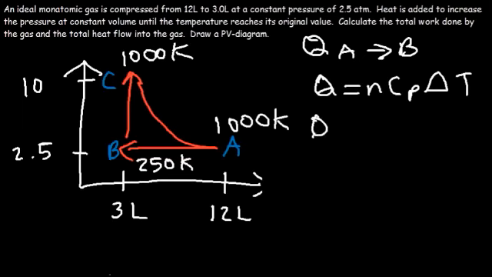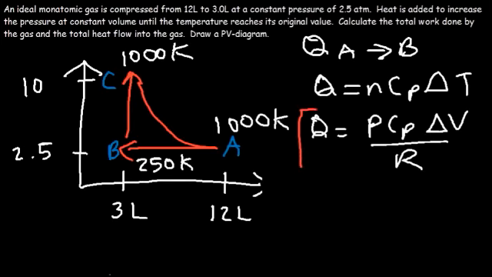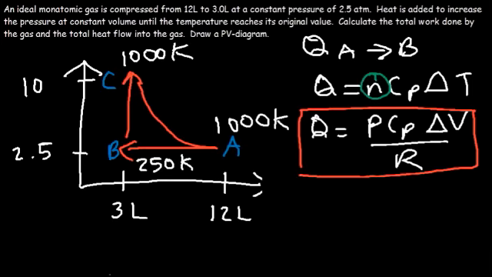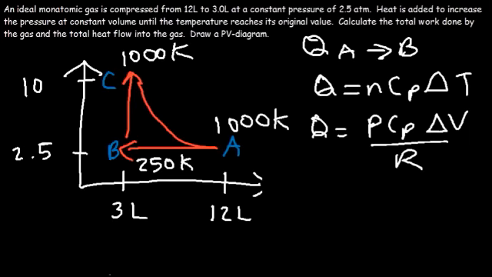Or we can use the other equation, Q is equal to P Cp delta V divided by R. Ideally, we want to use this equation because we have the pressure and the change in volume. We don't have the moles. We do have the temperature, but if we use the first one, we need to find n, which we could do using the equation PV equals nRT. We could find it at point A, B, or C. But we don't have to do that, so let's use this equation.